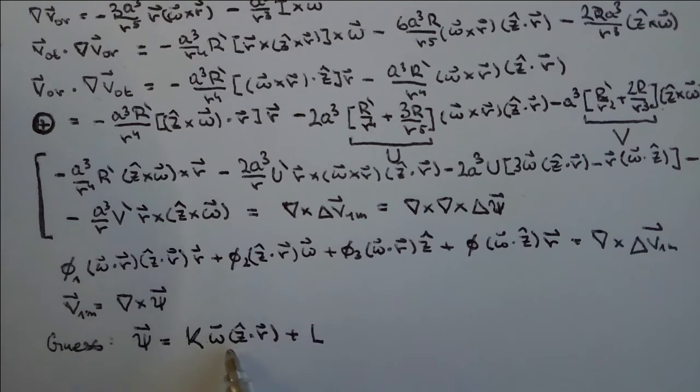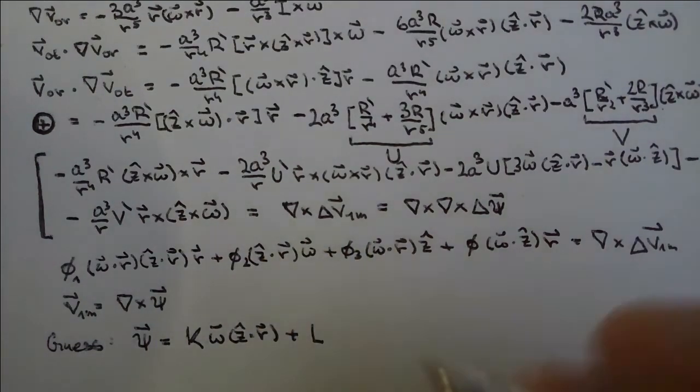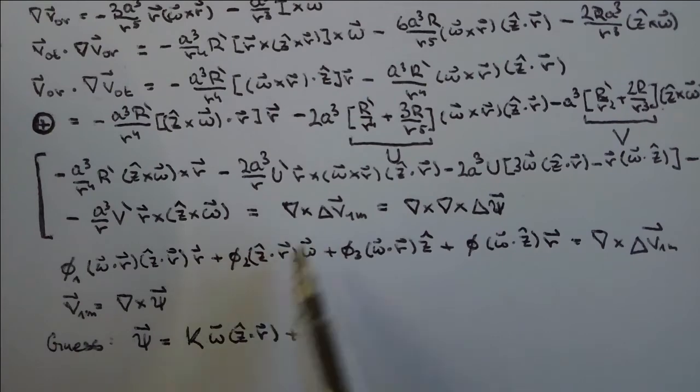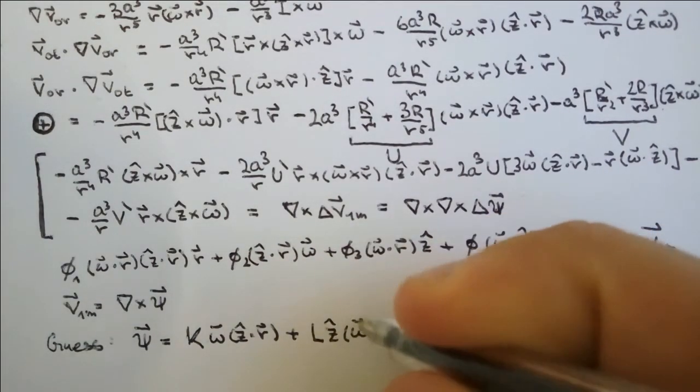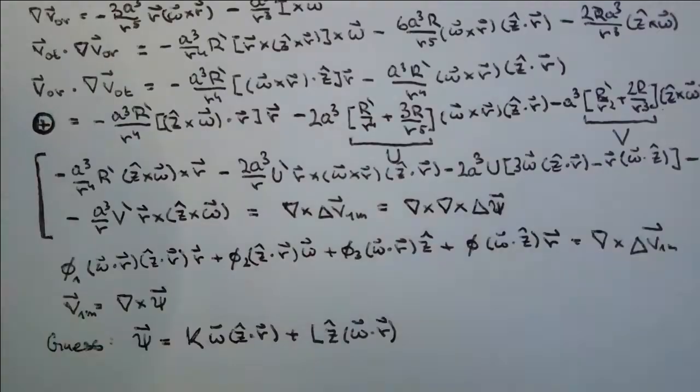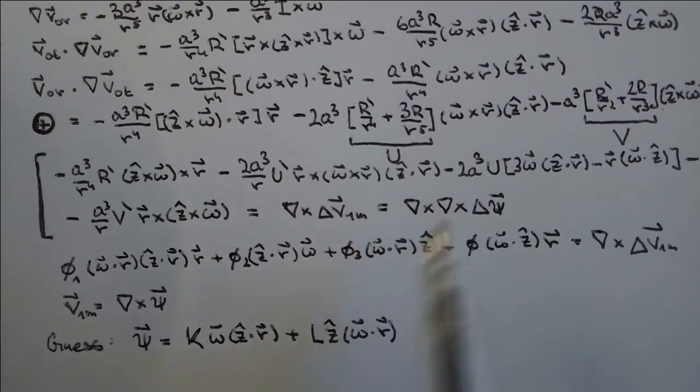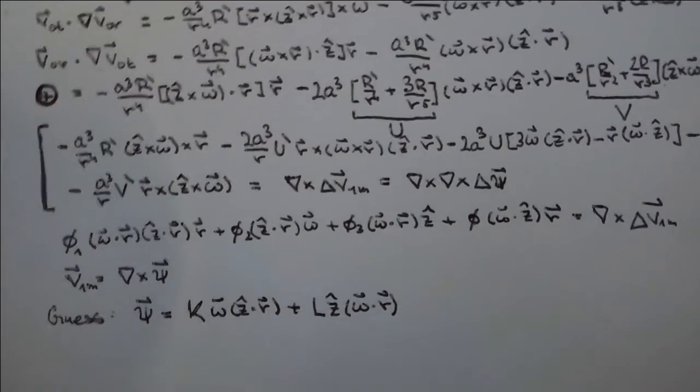It's convenient to guess the solution in terms of the left-hand side, or these two functions, or these two vectors. So it's z hat times omega dot r. So this is the second vector.